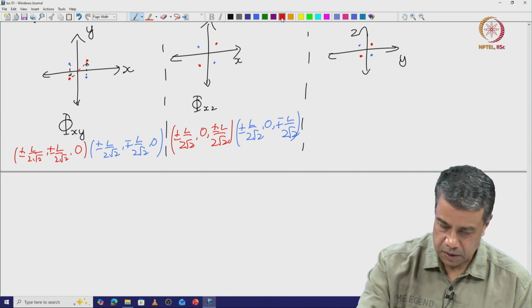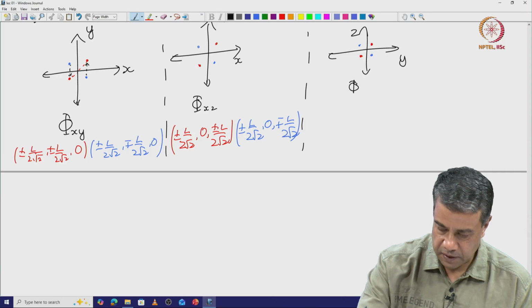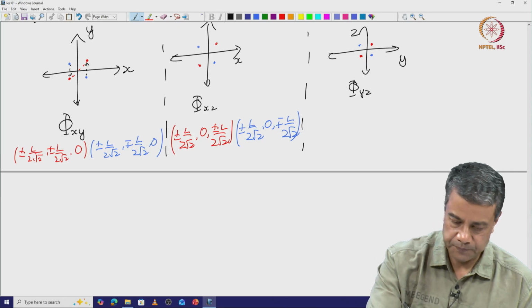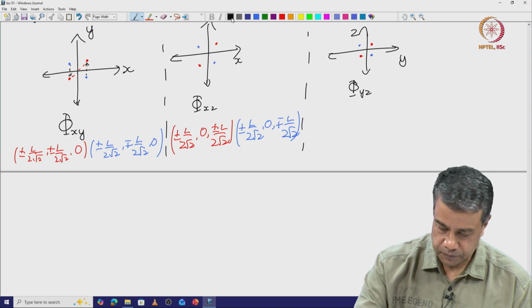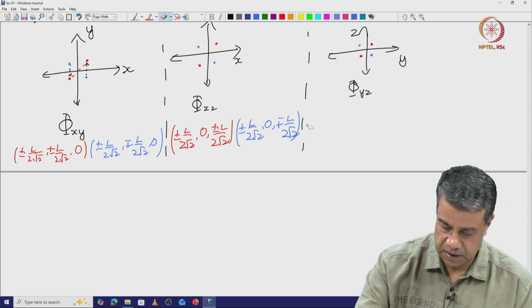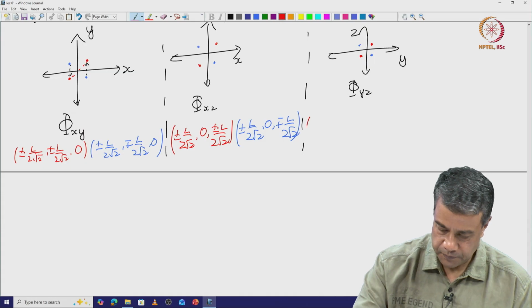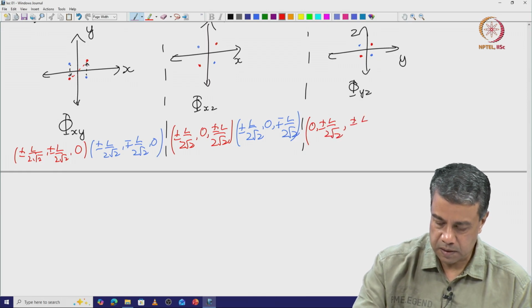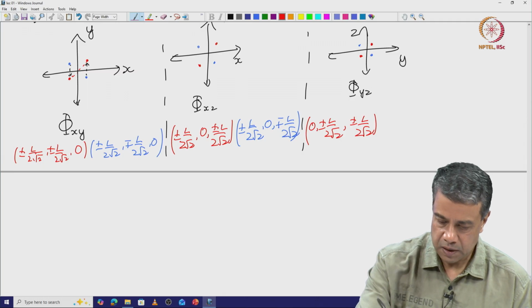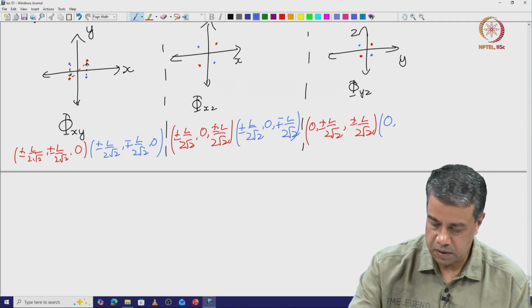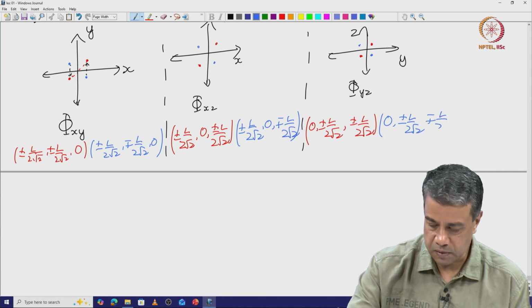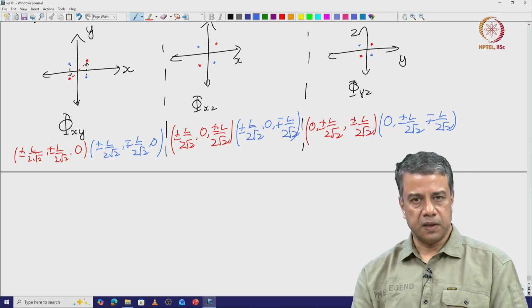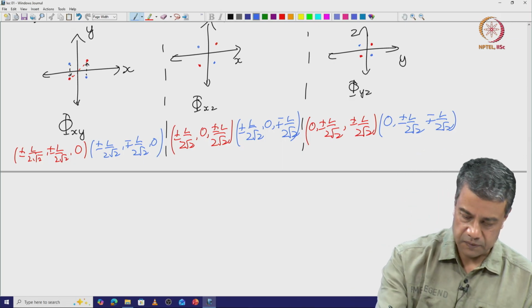This goes by the name phi yz, and this has sources at 0, plus or minus L by 2 root 2, plus or minus L by 2 root 2, and the sinks are at 0, plus or minus L by 2 root 2, minus or plus L by 2 root 2. So, that is number 2, 3 and 4.